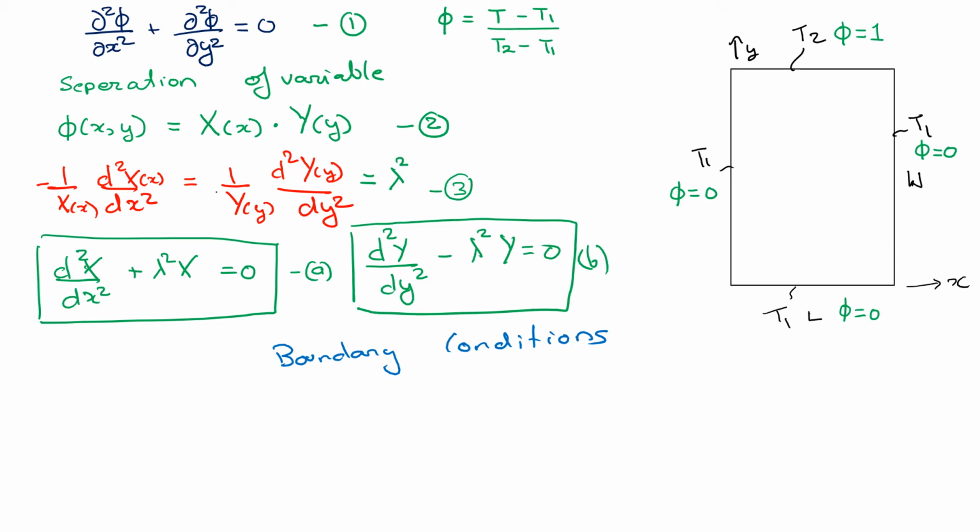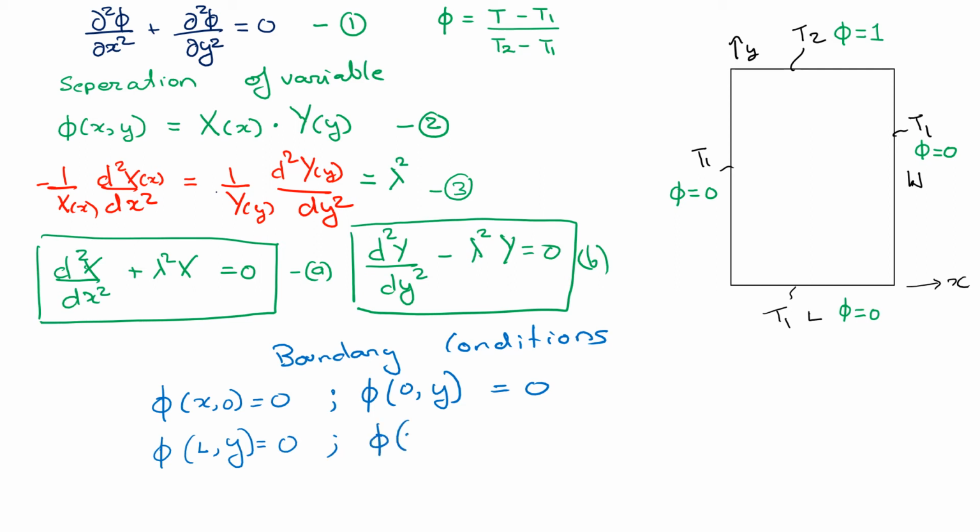Our boundary conditions will be phi of x comma 0 is equal to 0, and phi of 0 comma y is equal to 0, and the second set of boundary conditions will be phi of L comma y equals to 0, and phi of x comma W equals to 1.